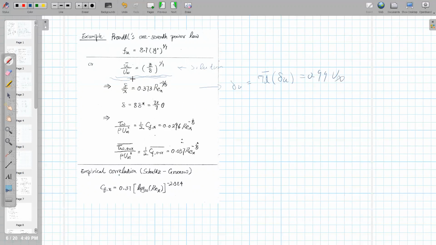So you can try using this equation to solve it, not this one, I made a mistake here. Let me remove this, this is not true.